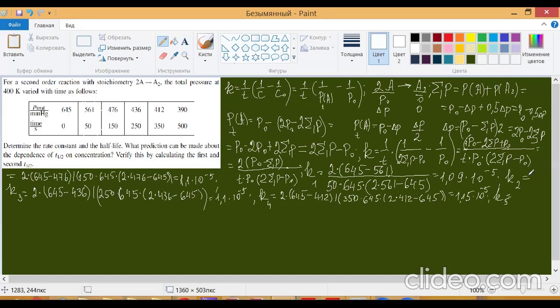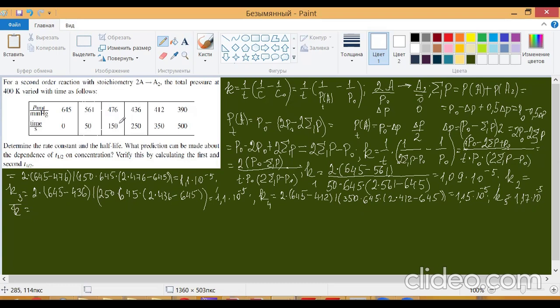We got 1.17 times 10 raised to minus 5. As we can see, all these values of k are very close to one another, which means that indeed this is a reaction of second order, and the average is equal to the sum of k's divided by 1, 2, 3, 4, 5. Let me do that.